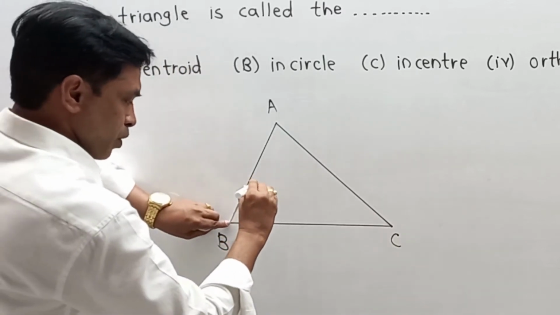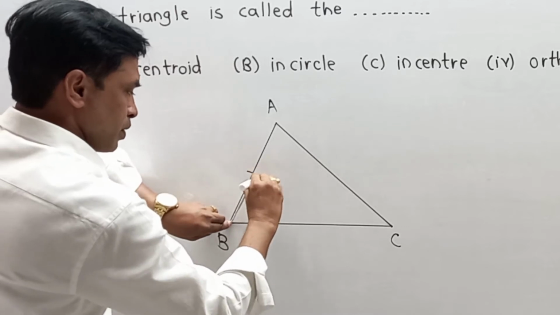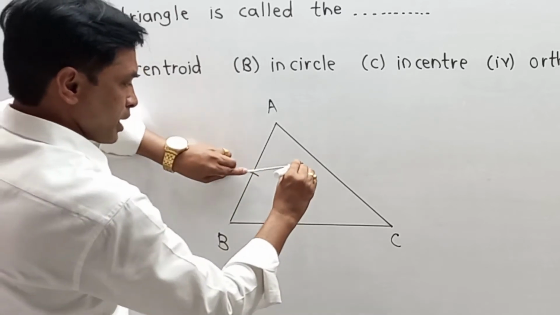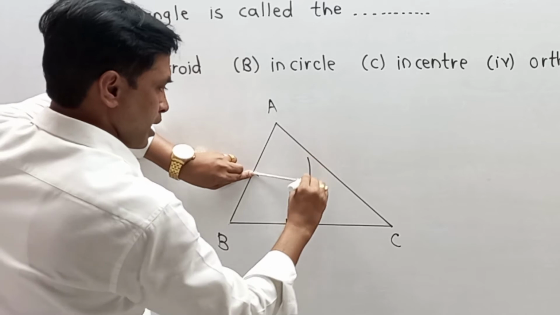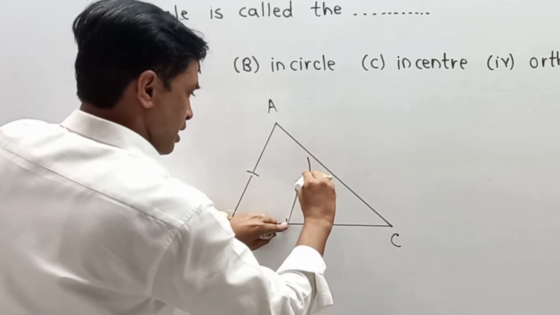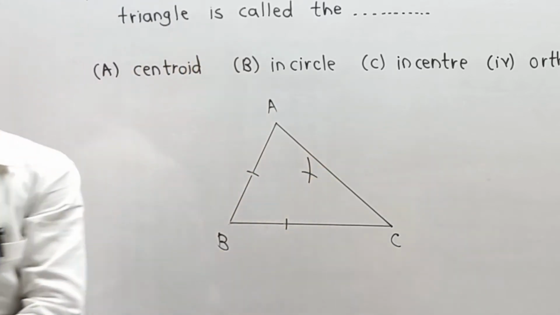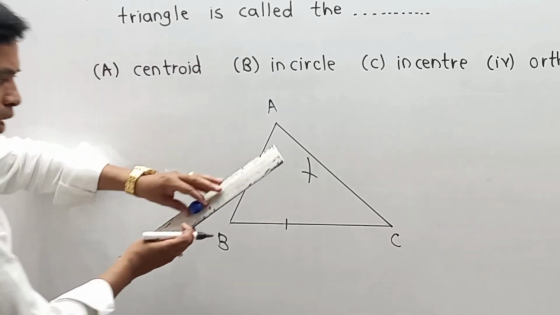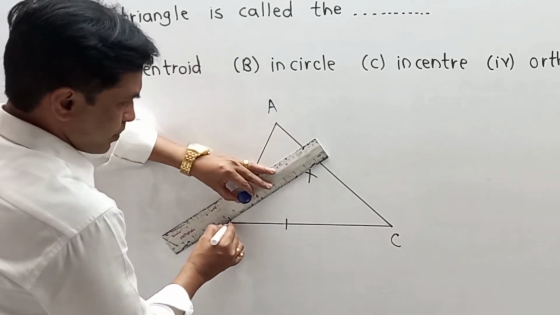So first from B, I am going to draw 2 arcs over here. And with this process, I have drawn the first angle bisector.